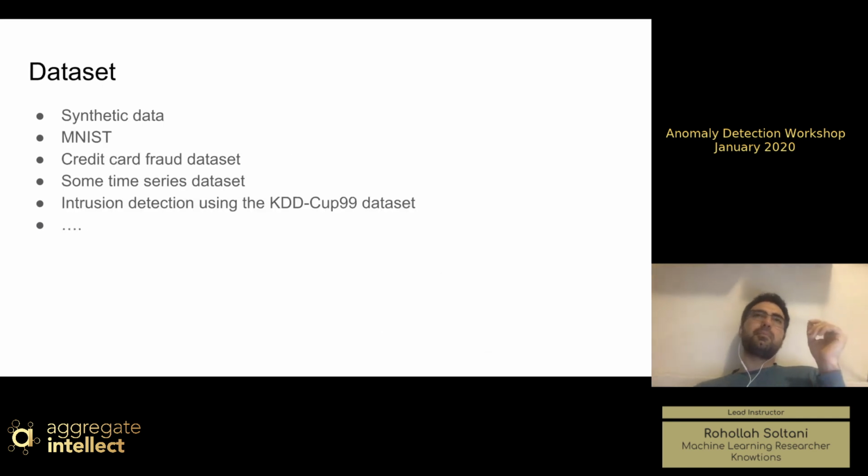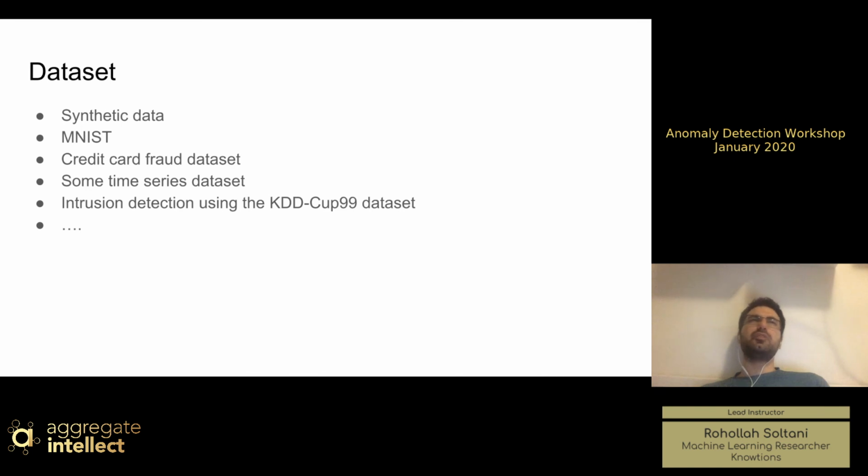So as I said, for the first session I tried to give you some overview of what is an outlier, what is an anomaly, and what are the simple ways that you can handle it. We'll have different data sets as well. We will come up with some synthetic data.